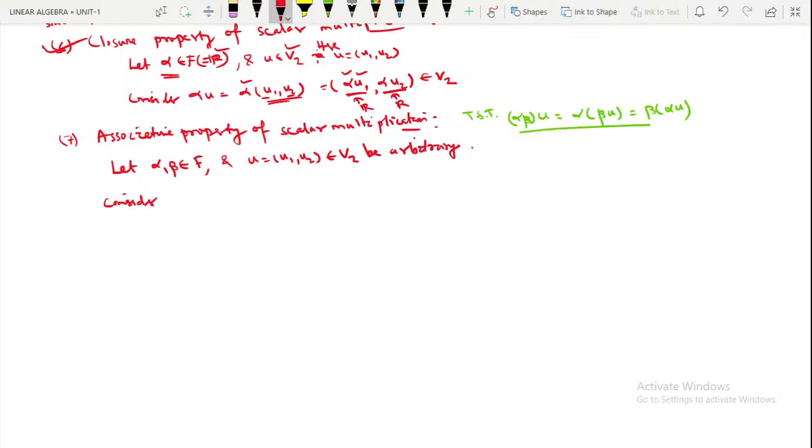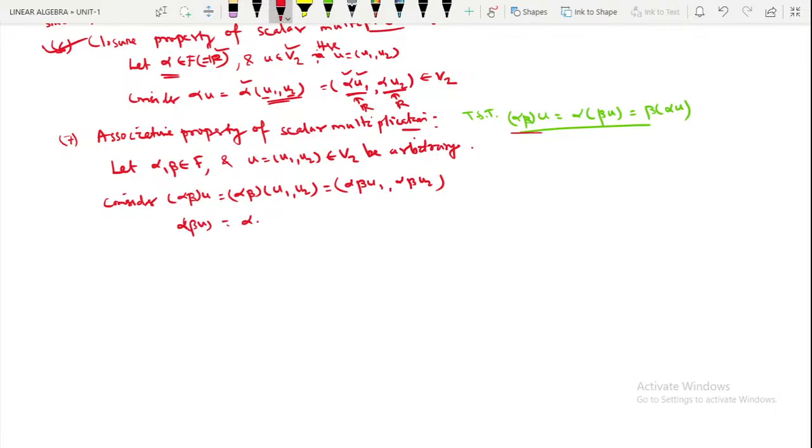Now what is alpha beta times u? Alpha beta times u, where u is (u1, u2), is (alpha beta u1, alpha beta u2). Similarly, what is alpha times beta u?